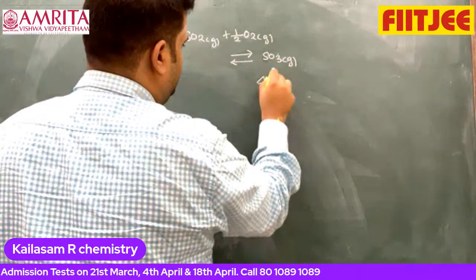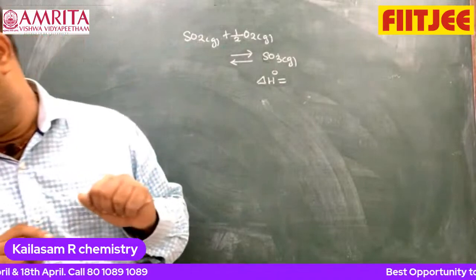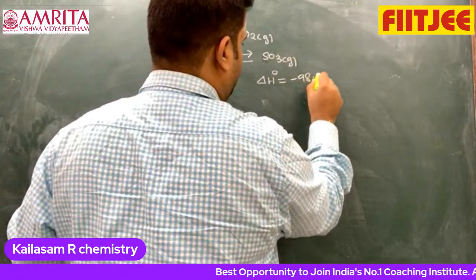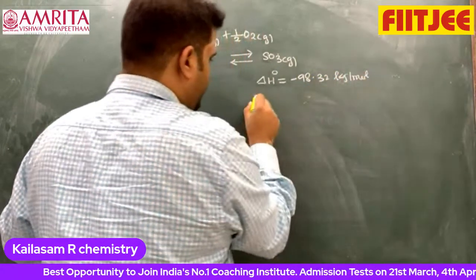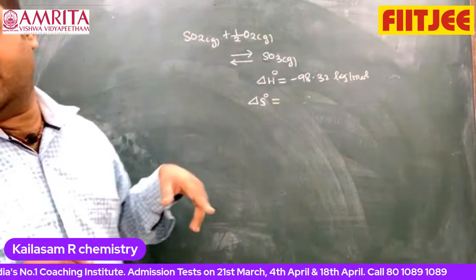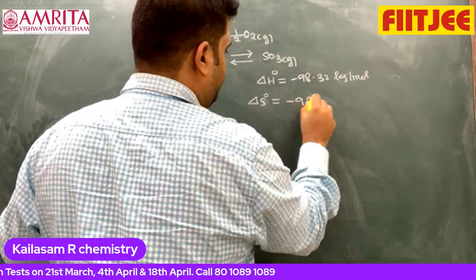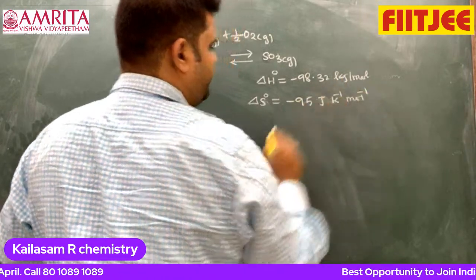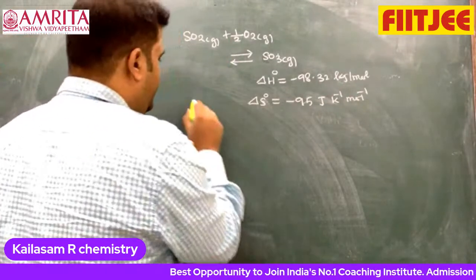Delta H, which is delta H naught at 298 Kelvin, is minus 98.32 kilojoule per mole, and delta S naught, as entropy decreases, is a negative value, minus 95 joule per mole per Kelvin. The question asks: find the Kp of the reaction.